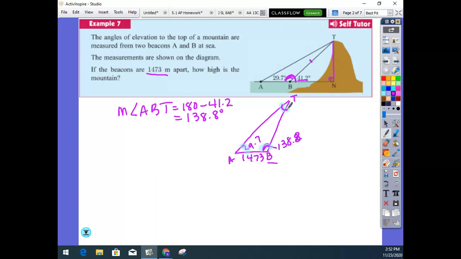Now I want to find the measure of angle ATB. And so if I add these two up, subtract from 180, I think it's 11.5.